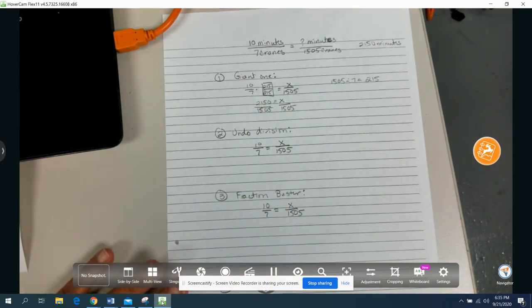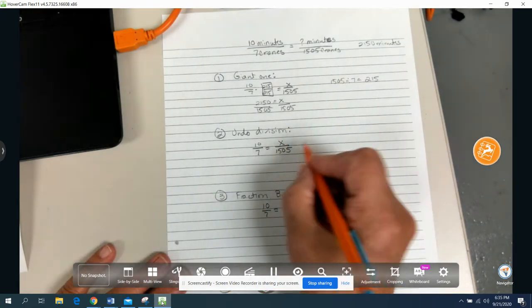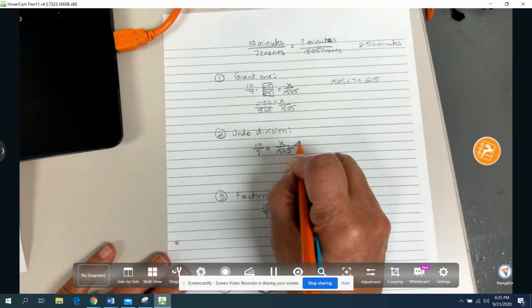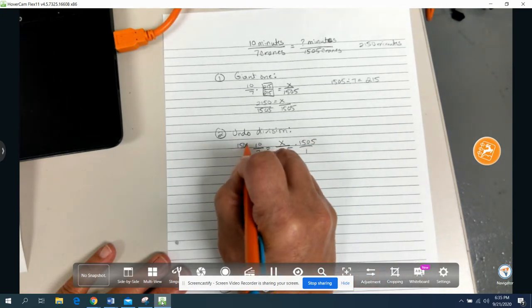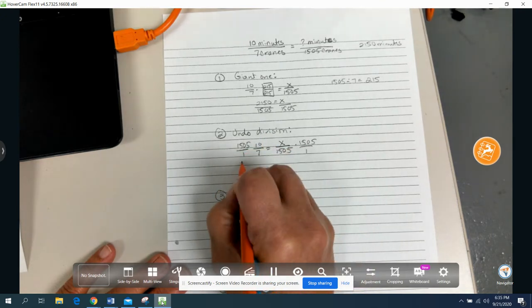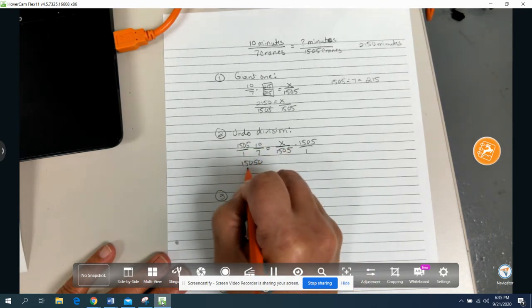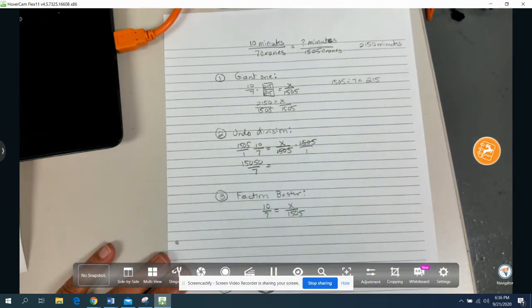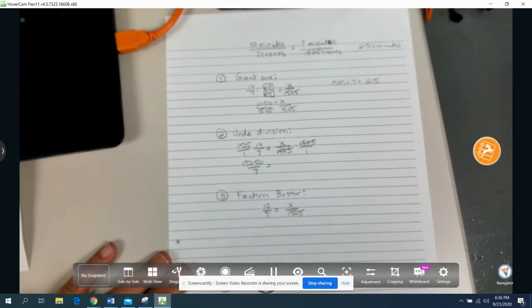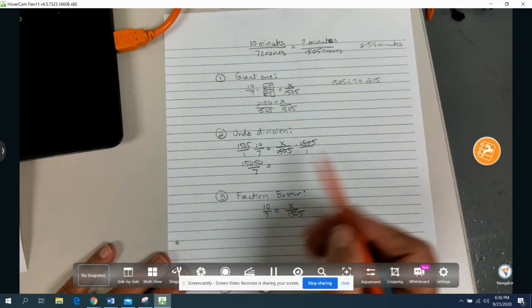The next way is to undo division. So I look at what x is being divided by, and it's being divided by 1,505. So I'm going to multiply both sides by 1,505. This becomes 15,050 divided by 7. These cross off because multiplying by 1,505 and dividing by 1,505 is 1.